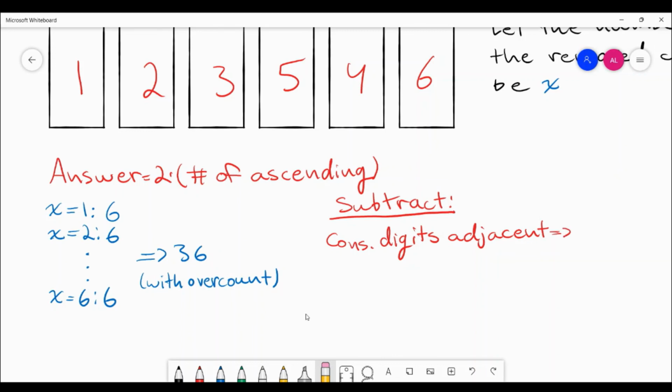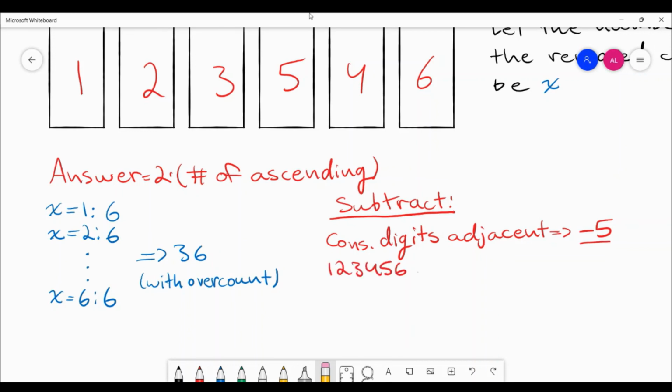So actually we have to subtract it once, and then we have to subtract basically one case for each pair of consecutive integers within 1, 2, 3, 4, 5, 6. That's 5 pairs of consecutive integers we have to correct for. And for each correction, we have to subtract 1. So in total for this case, we have to subtract 5.